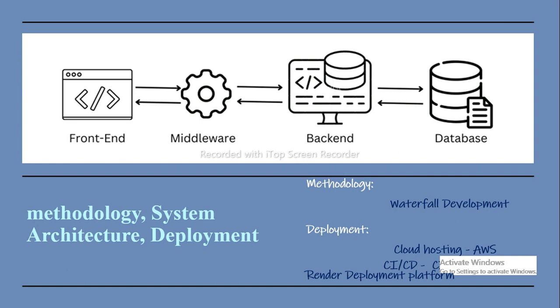Once the database retrieves data to the backend, the backend will pass it to the middleware, and the middleware passes it to the front end, and the user can use the front end to view those data. When it comes to deployment details, cloud hosting is done with AWS, and a CI/CD pipeline on the Render deployment platform has been used.